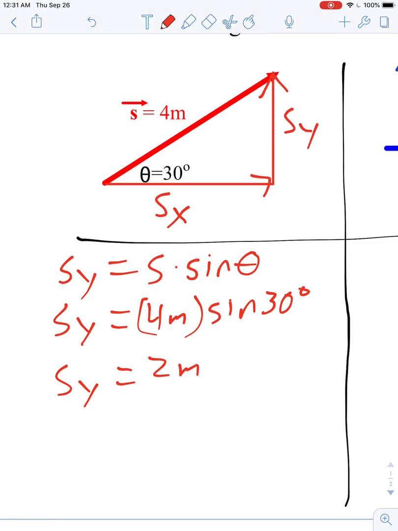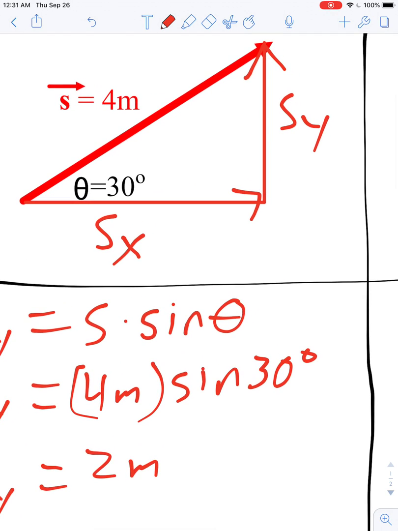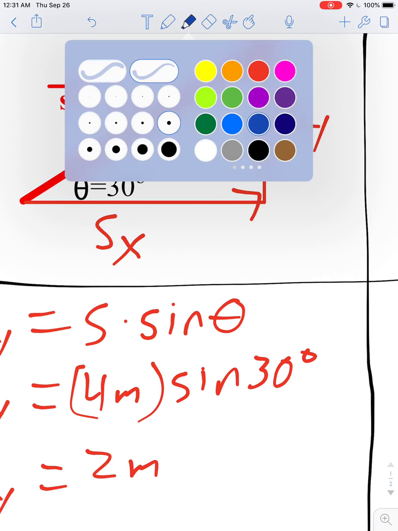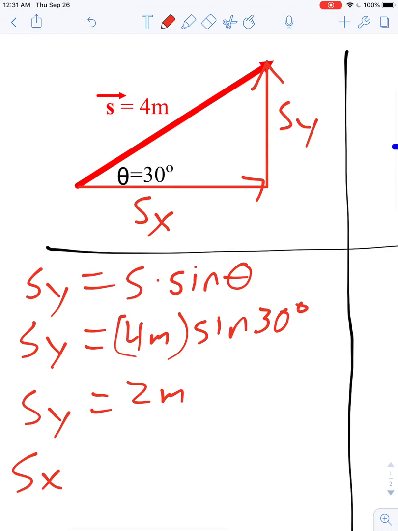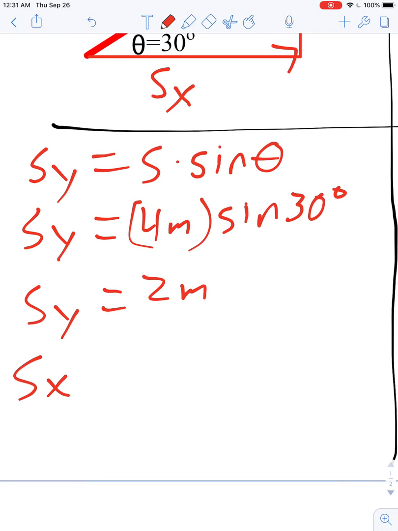Okay, if I do the same thing for the horizontal component, S sub X, again, that's the hypotenuse. The piece next to the triangle, that's the adjacent. So the trig function that relates together adjacent and hypotenuse is the cosine function.